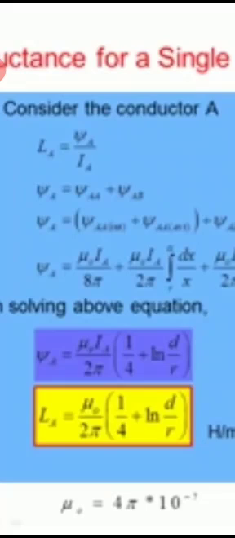Here you have to note, d is the distance between the conductors, r is the radius of the conductor. So psi A we have calculated, and now the inductance in conductor A is given by psi A divided by IA. So IA will cancel from the expression. You get mu naught by 2 pi into bracket 1 by 4 plus natural logarithm d by r.